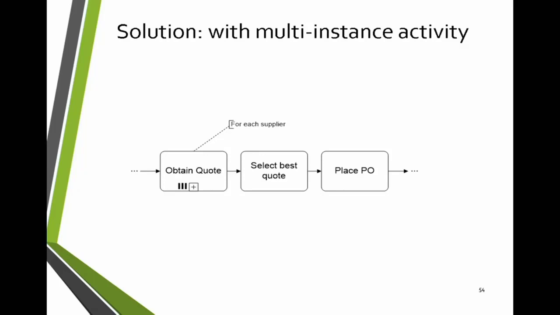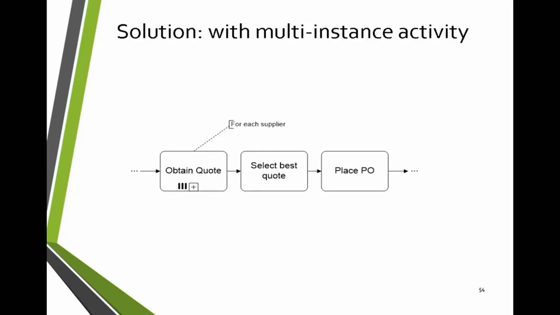And this multi-instance activity is specified at the level of a supplier. So it's often the case where you have a sub-object, not the main object that you're modeling, for which you need to do something multiple times. In that case, you often use this multi-instance marker and a multi-instance activity or sub-process.